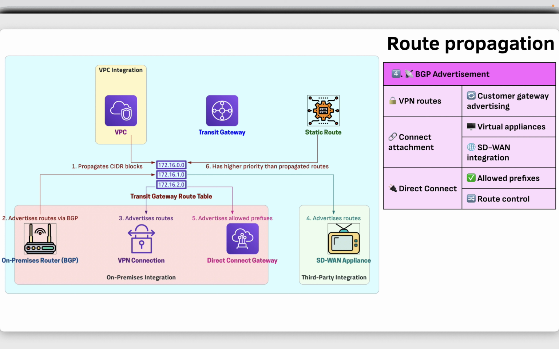BGP advertisement handles route distribution differently for various attachment types. VPN attachments advertise routes to customer gateways. Connect attachments share routes with third-party appliances like SD-WAN, and direct connect gateway attachments control route advertisement through allowed prefixes.